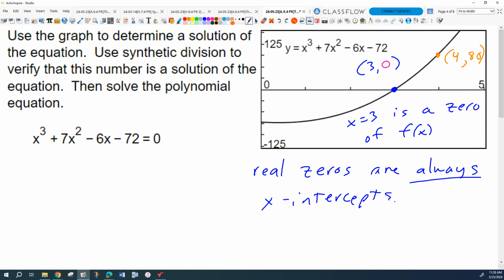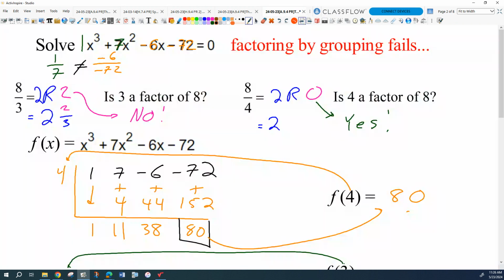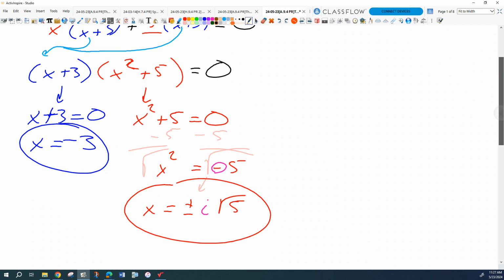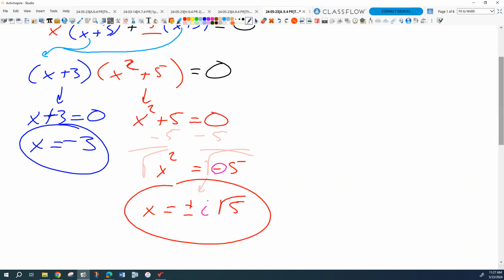So when we solved these equations previously, we did some work back here. We used grouping to factor our polynomial. We used the 0 product property, which just means that the product of the factors is equal to 0 at the zeros of the factors.